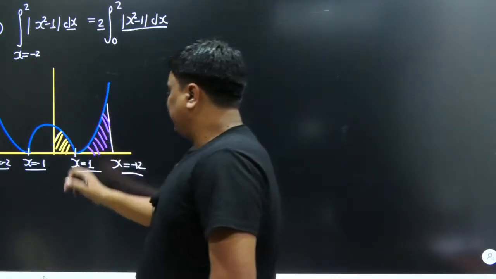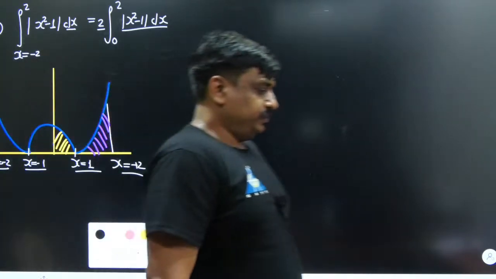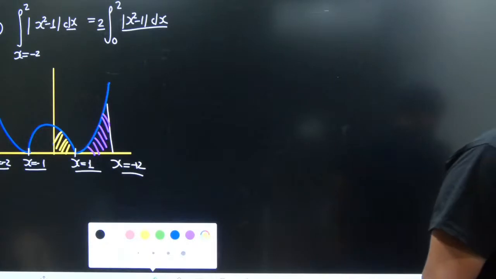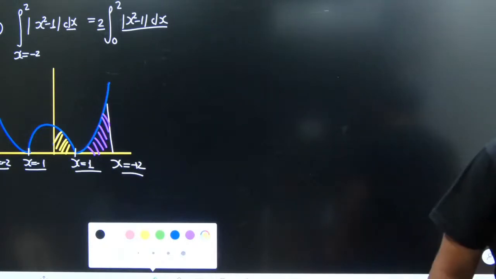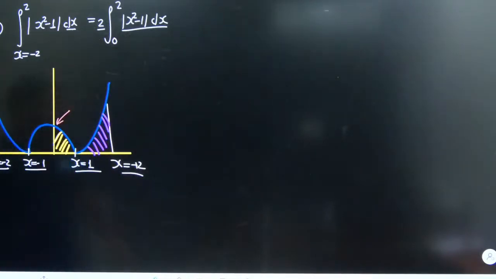May I know how the area would be calculated? For the calculation of the area, we have to find the function first. Tell me what is going to be the most appropriate answer.